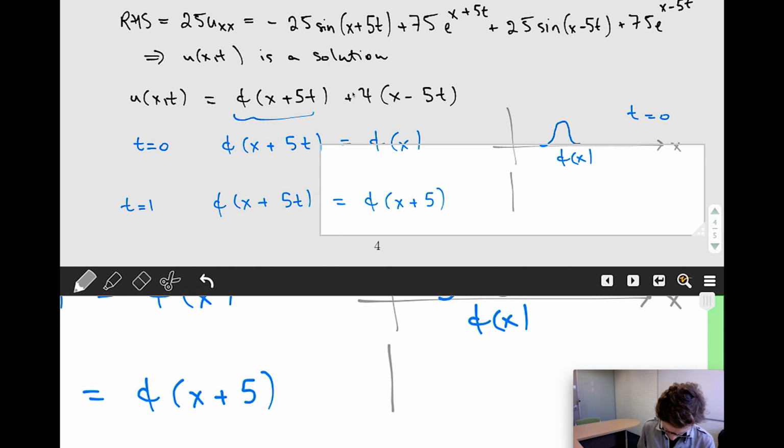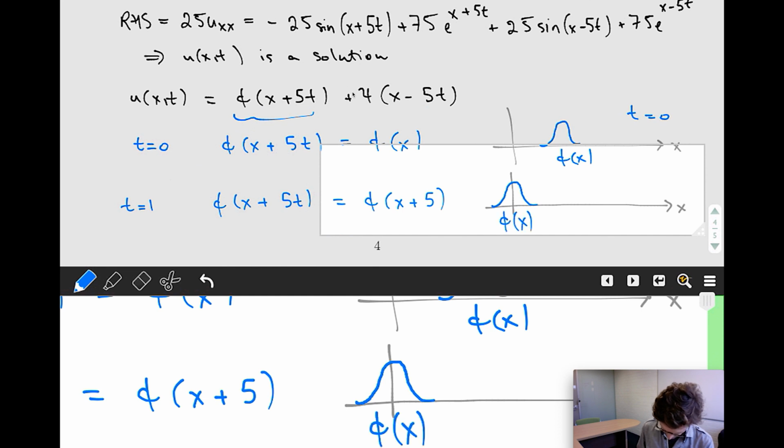It'll look something like this. It's been moved over by 5 units. And likewise, if I keep on going, every time I take a step, this solution is going to be moving over by 5 more units.